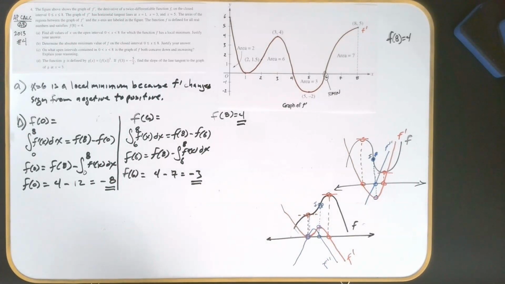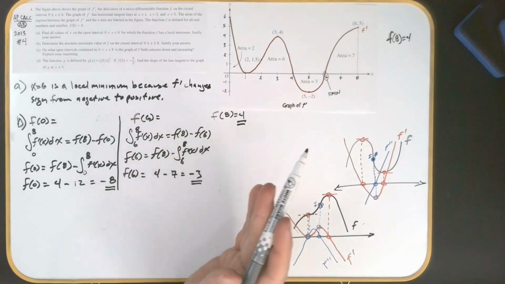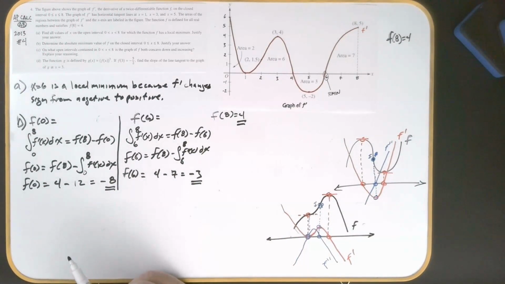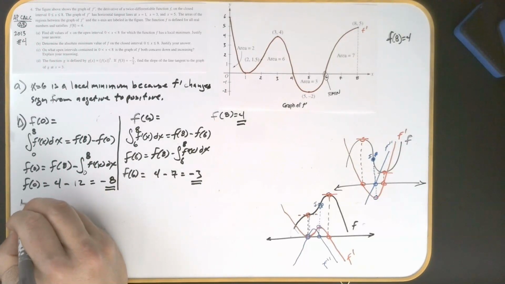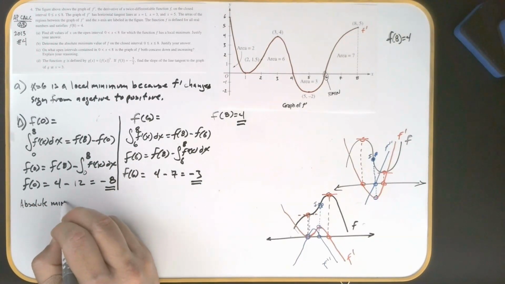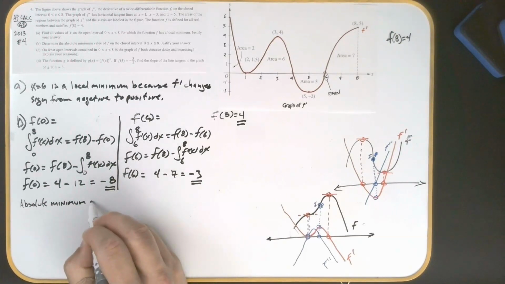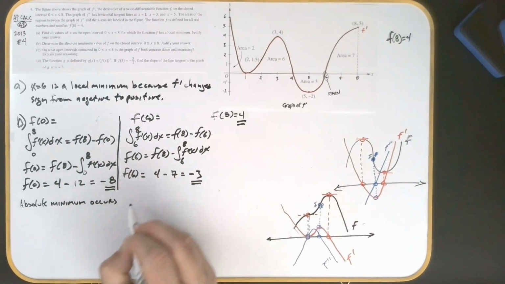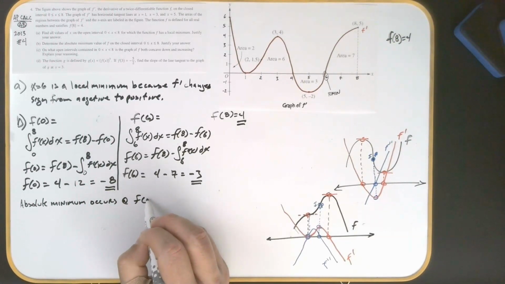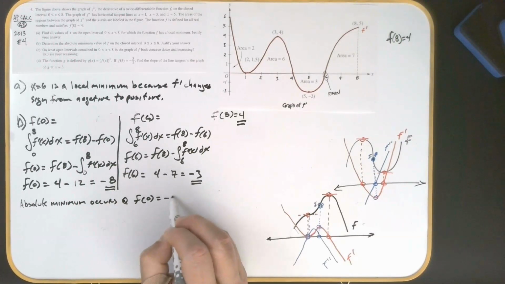Okay, so what is the absolute minimum value? Now the absolute minimum value, it's a y value, it's just negative 8. Now it does occur at 0, but we would just say for our conclusion, absolute minimum occurs at f of 0, which is equal to negative 8.